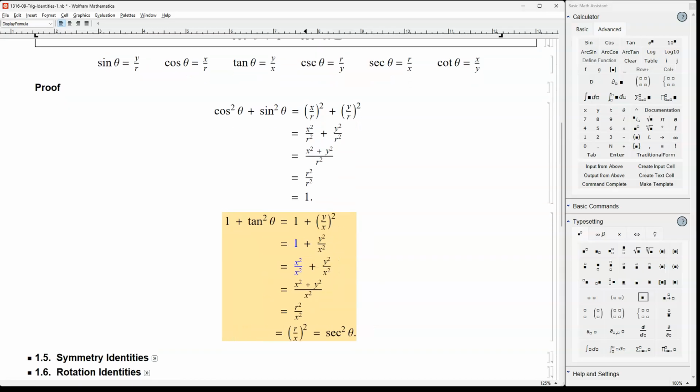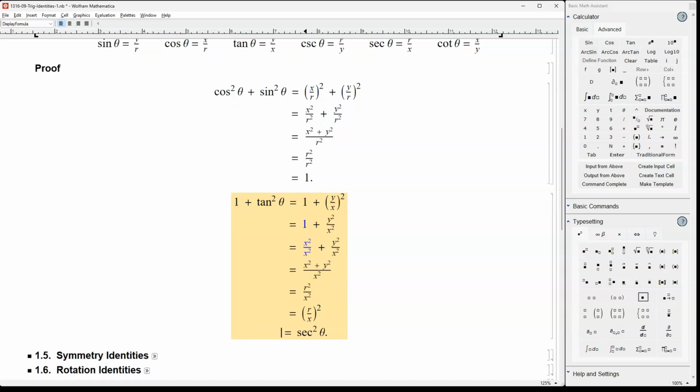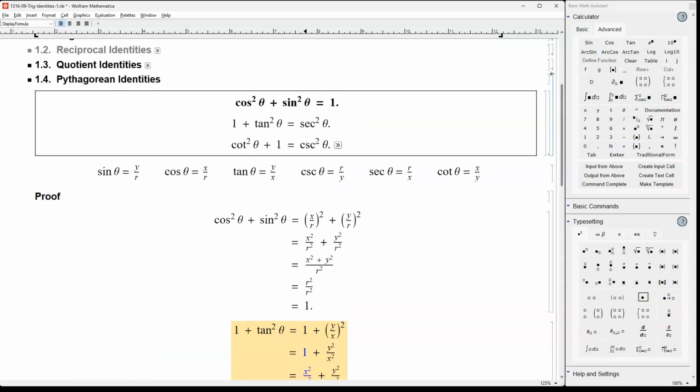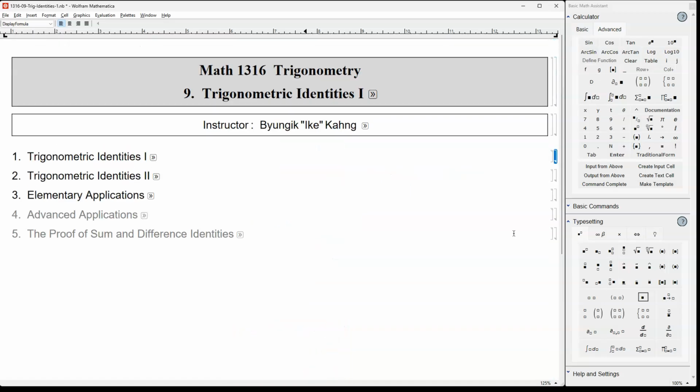In handwriting, of course, this alignment will not be perfect. I can understand that. But still, it's better to be expressed like this, and it's important. This part here, down below, that part should be empty. And the last one is left as an exercise for you. We're going to come back and do more.